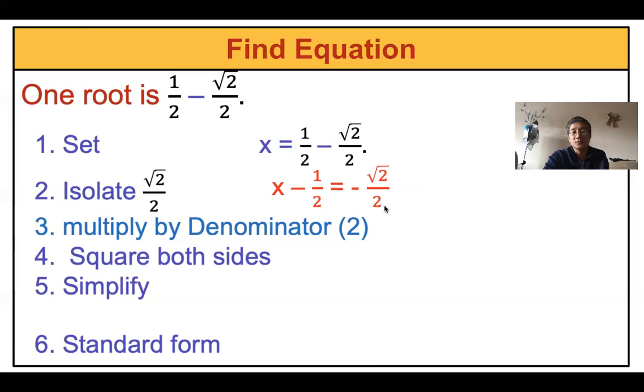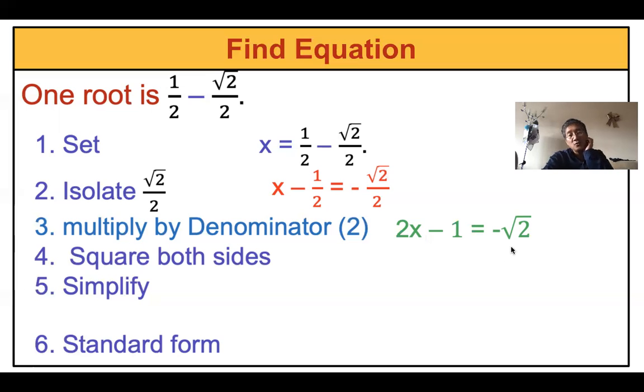We multiply 2 to every term: 2 times x, 2 times this, 2 times this. So you have 2x minus 2 times 1/2, and the 2 and the denominator cancel. That's why we multiply by 2. Now negative square root of 2 here. So 2x minus 1 equals negative square root of 2.